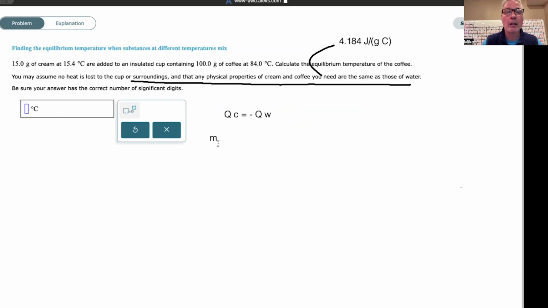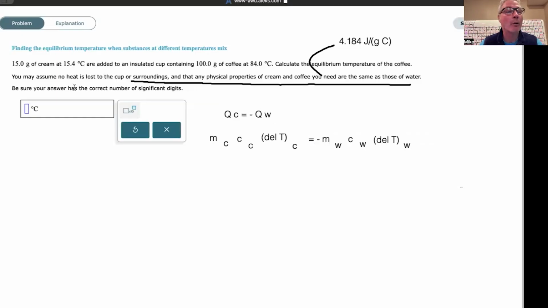M of the cream, C of the cream, delta T cream equals, I won't forget it this time, negative mass of the coffee, which I'm going to call water, C of water, delta T of water. I'm saying water is coffee, okay? And W means coffee, and C means cream.